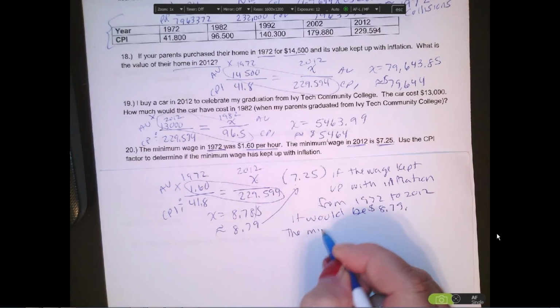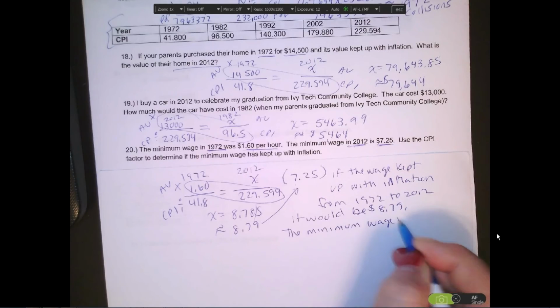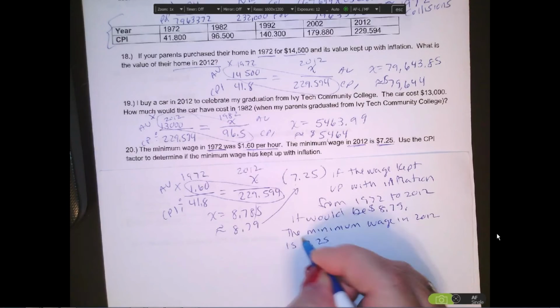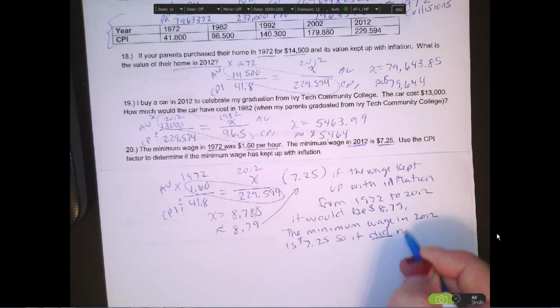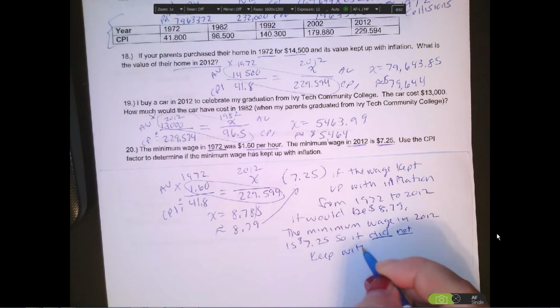The minimum wage in 2012 is $7.25, so it did not keep up with inflation. And you could have written that in a much more concise sentence.